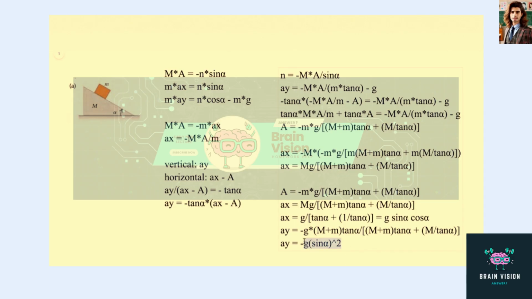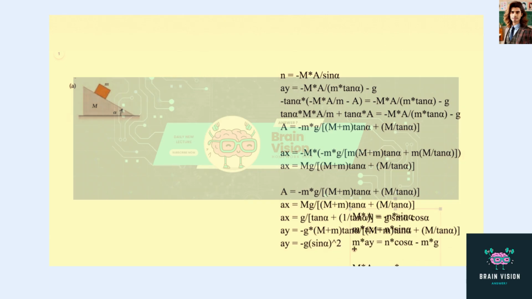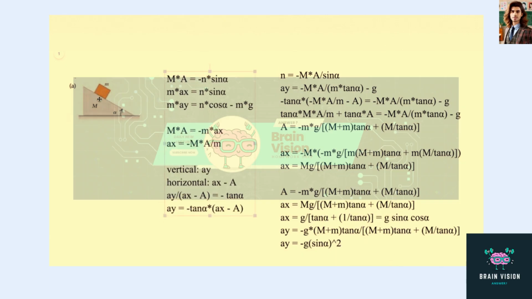And that is, again, what we expect because it's going to be related to just the force of gravity acting on this block with the normal force from the wedge.